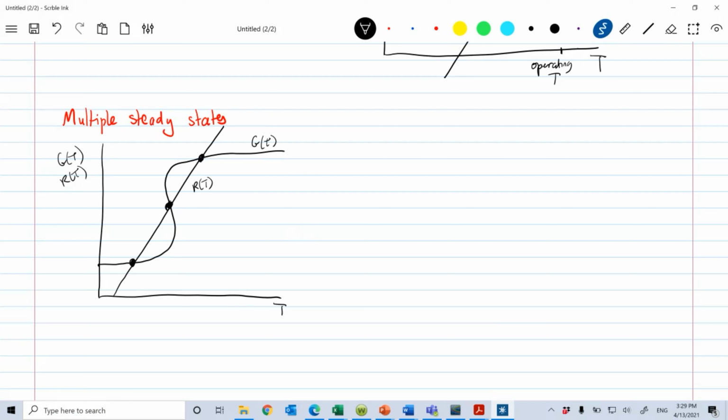And these are 3 different XAs, because you use XA to plot G of T. So these are 3 different XAs and also 3 different reactor temperatures. So the question is always, which one of those is the reactor going to operate at? This is the idea of multiple steady states.